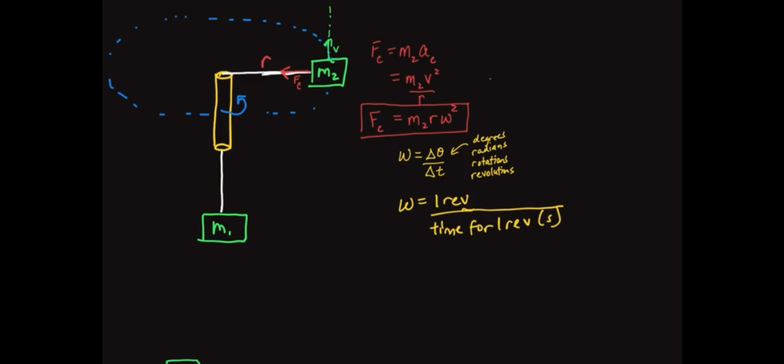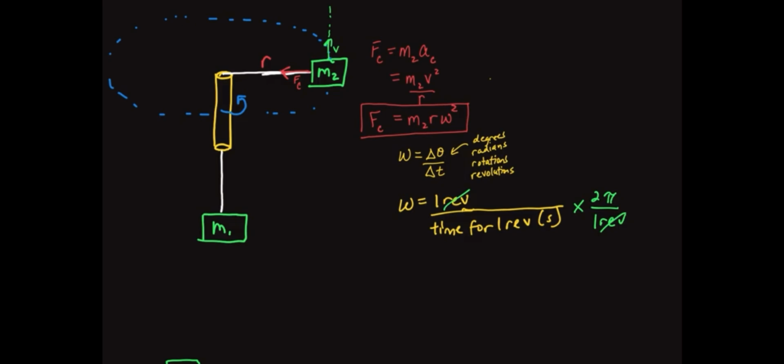But SI units for angular speed are radians per second. So to convert that to radians, I would multiply by 2 pi over 1 revolution, and that would leave me with radians per second for the angular speed.